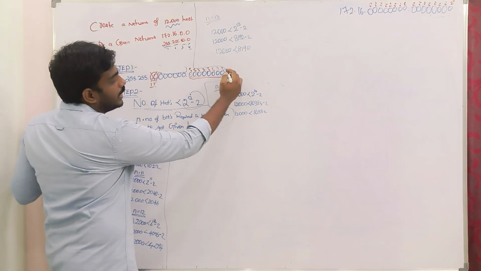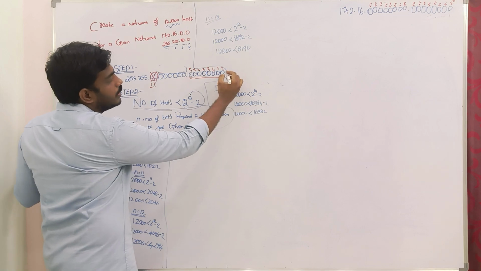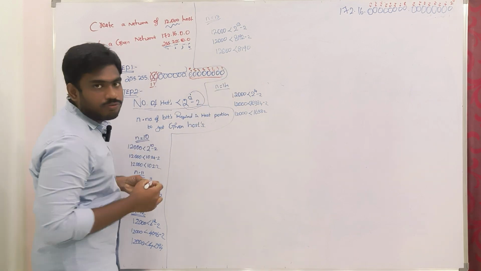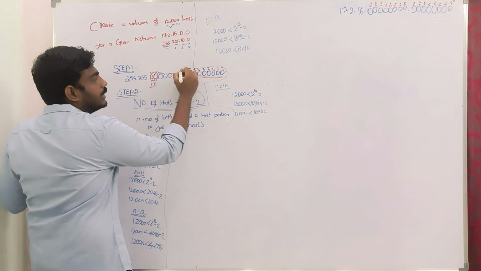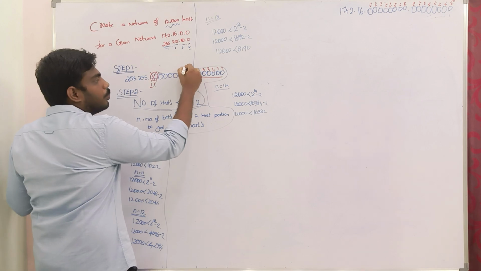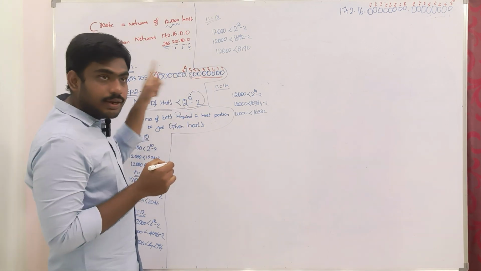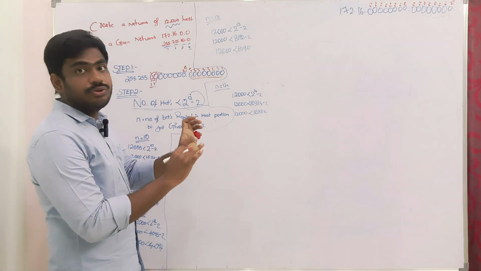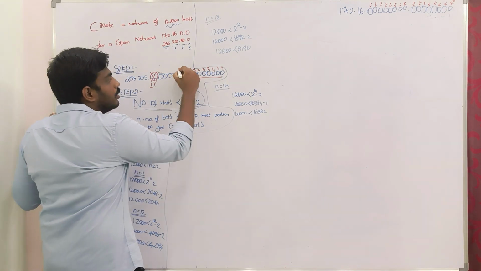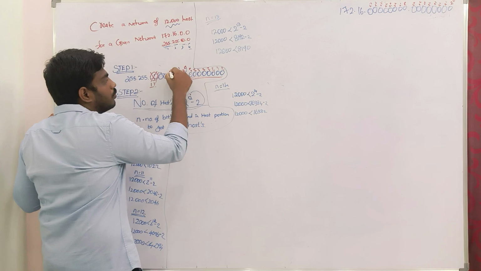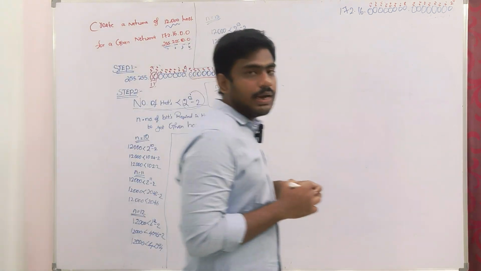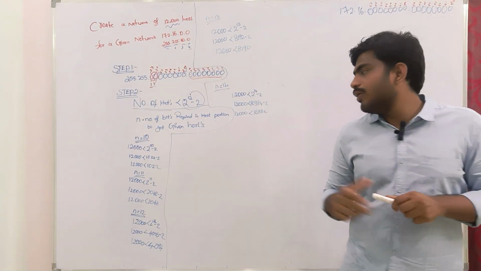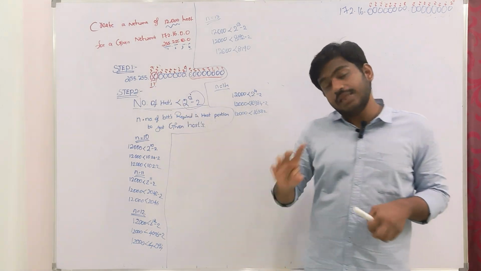You start from the right in the host portion with the corresponding powers of 2. Then in the third octet you write 2 power 0 again. Let me show you why. 2 power 1, 2 power 2, 2 power 3, 2 power 4, 2 power 5, 2 power 6, 2 power 7.